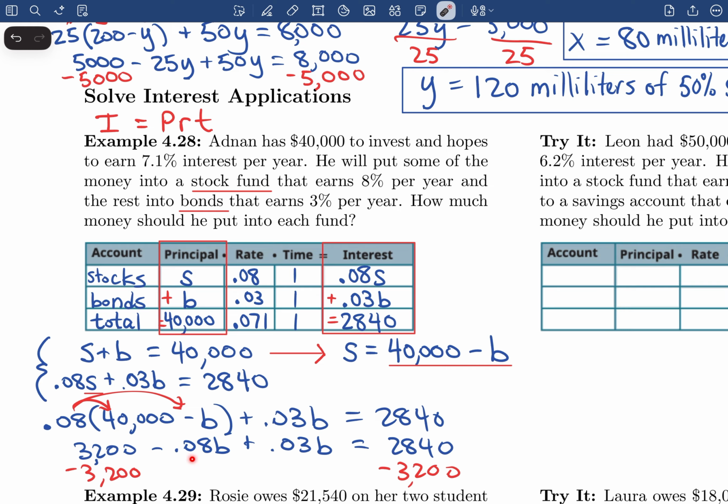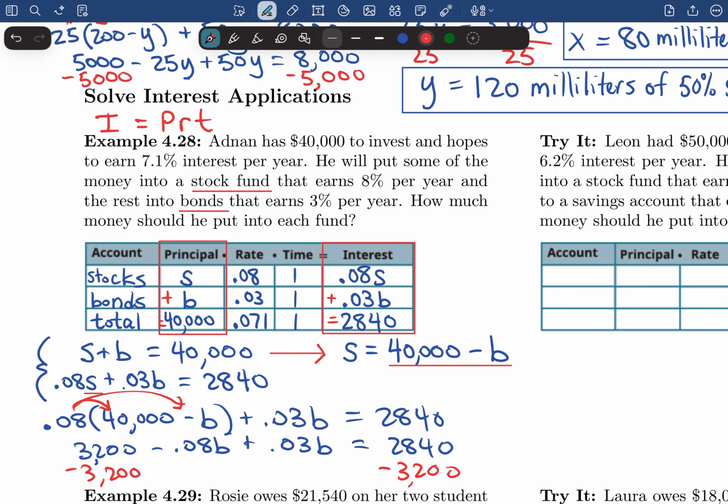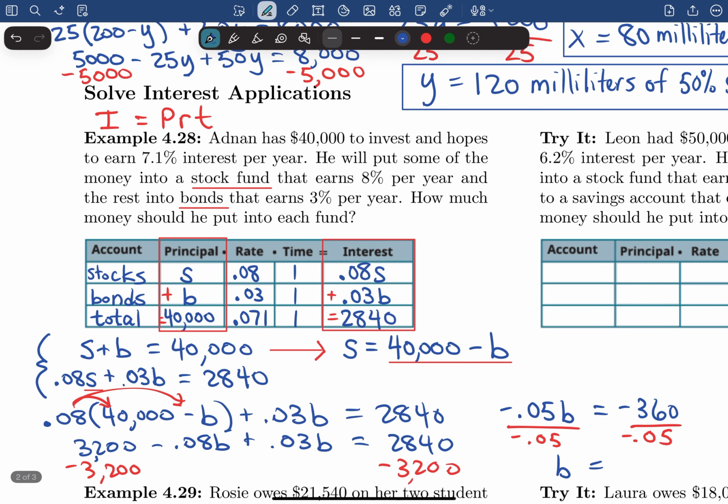And I am going to add negative 0.08B plus 0.03B, and that gives me negative 0.05B. And that's equal to 2,840 minus 3,200, which gives me negative 360. I will now divide by negative 0.05 from left to right, and I have found that B equals 7,200.